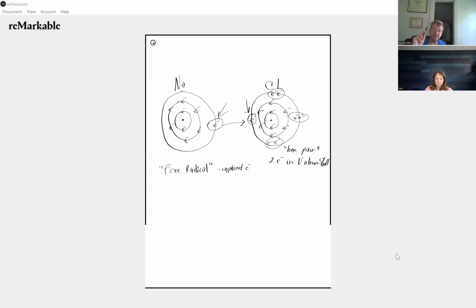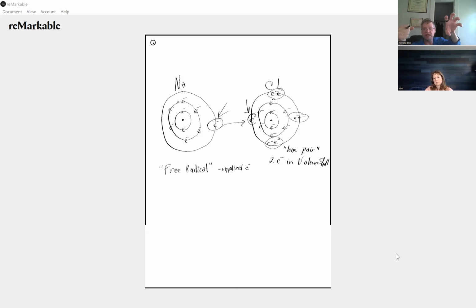But the charge of an electron is negative. So in essence, sodium is losing a negative charge. And if it loses a negative charge, what will the charge of the sodium left behind be?